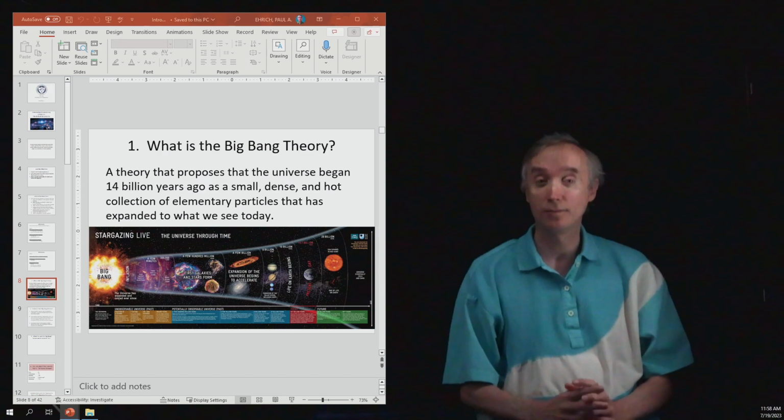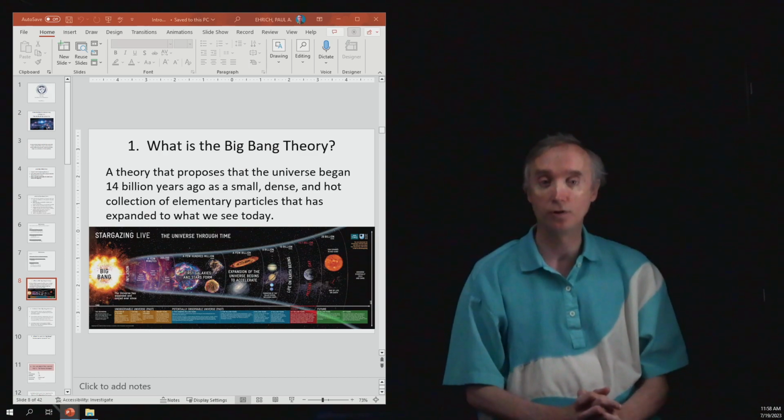Now, what I recommend as we go through all of these different steps is to have your own Big Bang chart. Here is one that I found off the internet, and I know that you can't read it, but when you can, make this picture as large as you want so you can read all the captions on it.